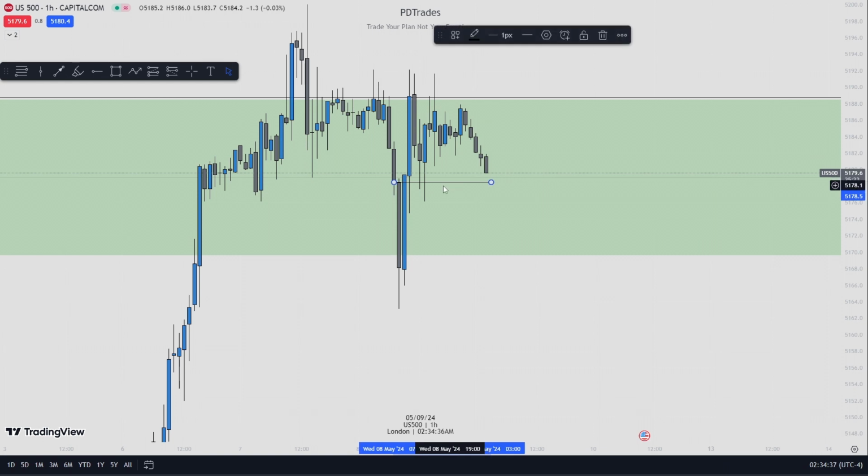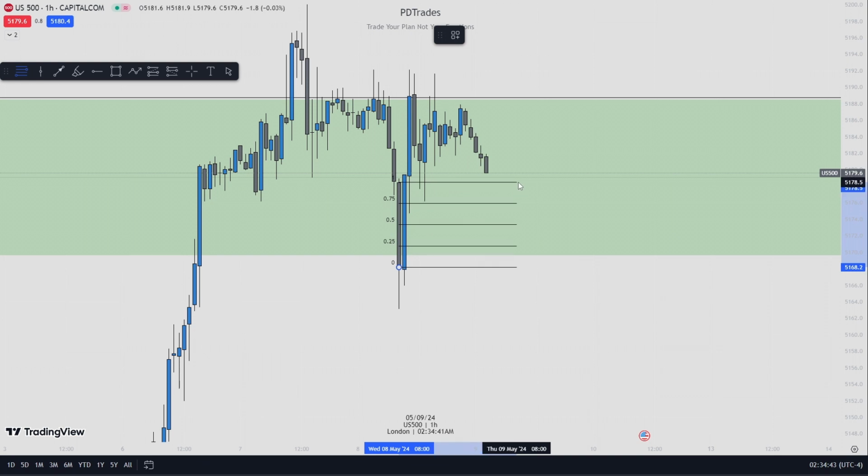So let me just change this. So this is how we are standing. Does it want to push and reject here or to the midpoint of it? I don't know. Only time will tell me whether they want to buy or sell price.